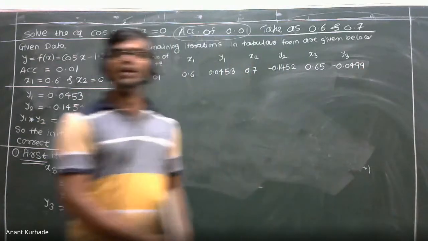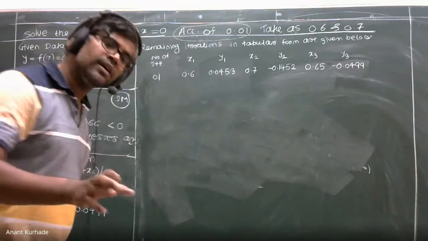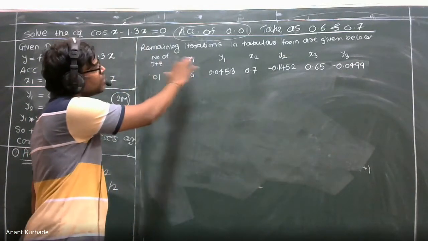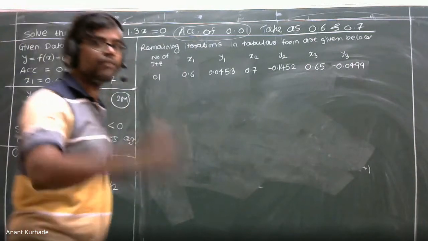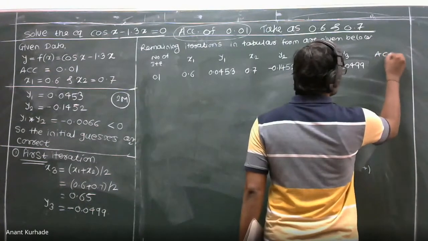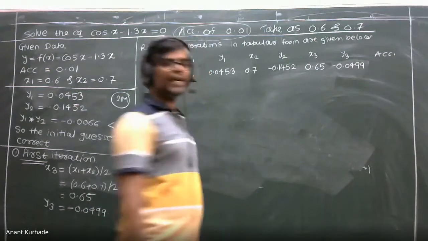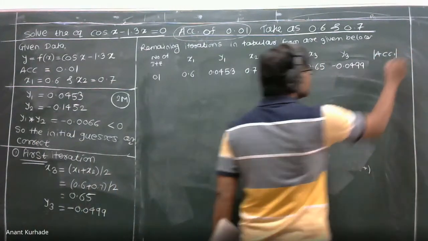Now, this problem is not based on a number of iterations. It is not mentioned in the problem statement that you have to perform a certain number of iterations, but what is given is an accuracy. So the last column is the accuracy. How to calculate it? Accuracy is always in mod.